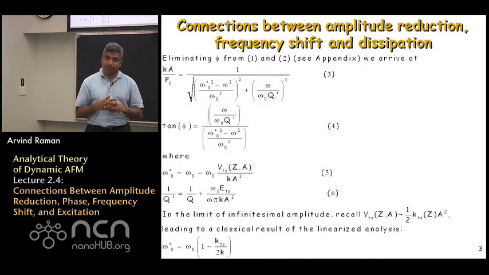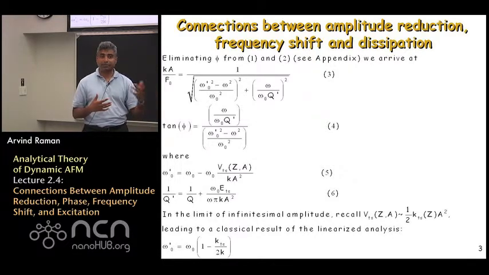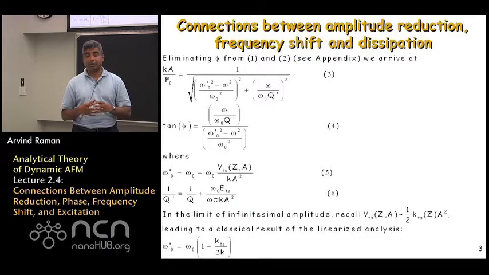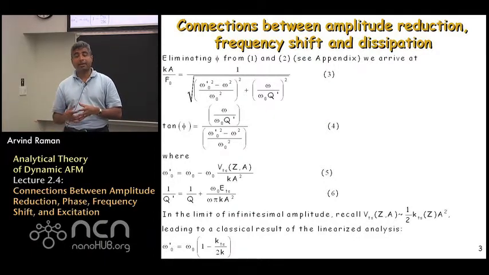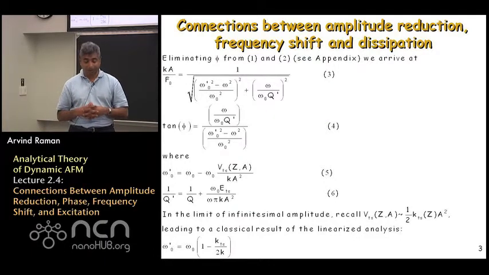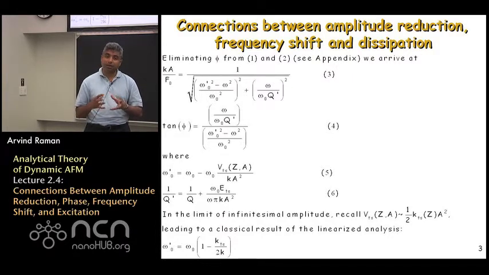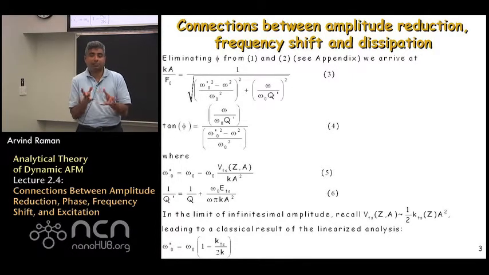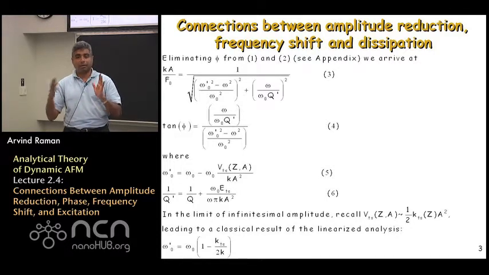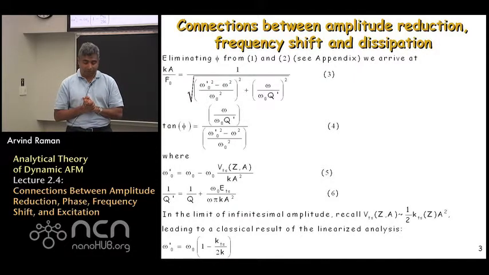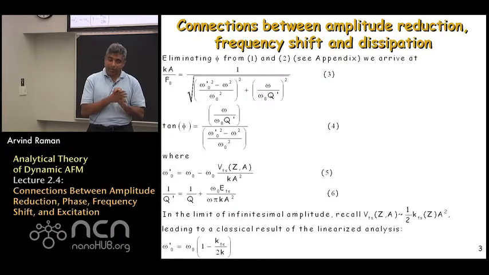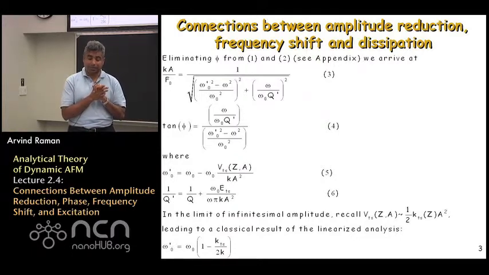And the important thing here is that, unlike what we discussed with the linearized theory, VTS and ETS are quantities that depend on both A and Z. And so these are sort of nonlinear. VTS and ETS depend in a nonlinear fashion on Z, the tip sample distance, and the oscillation amplitude A. So we have the modified natural frequency omega naught prime and the modified effective Q factor Q prime due to the ETS terms.